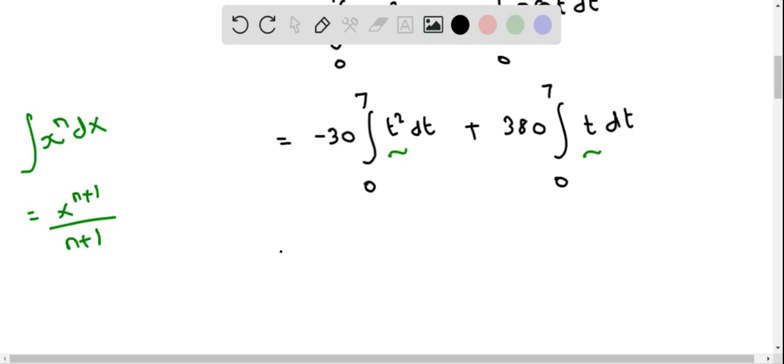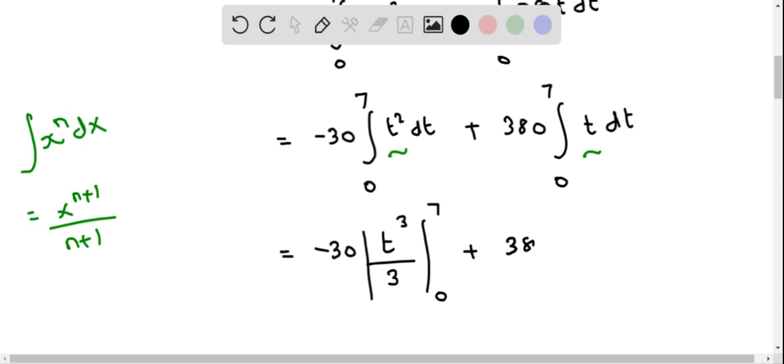So the first integral becomes negative 30 times t raised to the power of 2 plus 1, which is 3, divided by 2 plus 1, which is also 3, evaluated from 0 to 7. Plus, I put the constant 380 and integrate t. The integral of t is t raised to the power of 1 plus 1, which is 2, divided by 1 plus 1, which is 2, and we evaluate this from 0 to 7.